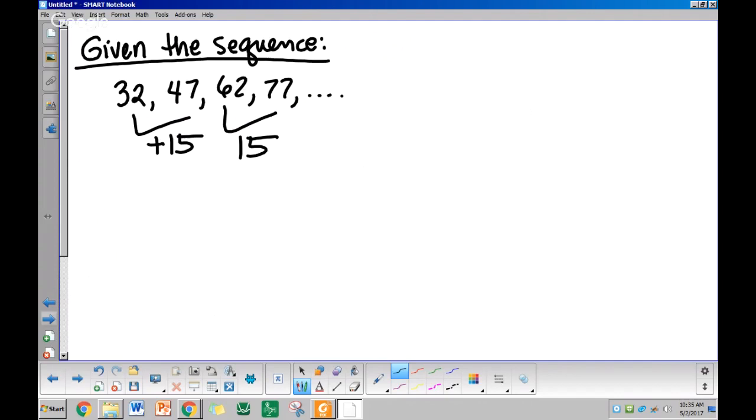What are we finding here? The nth term? We're not yet. We gotta find the general formula first. So what's a sub n? A sub 1 plus, and d is 15.